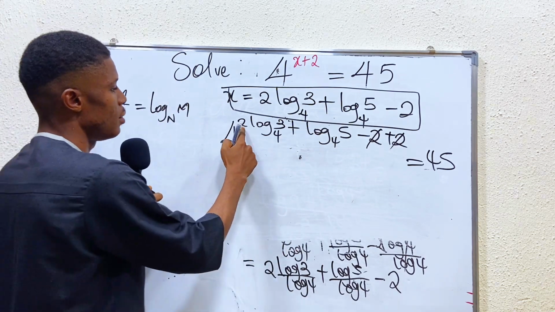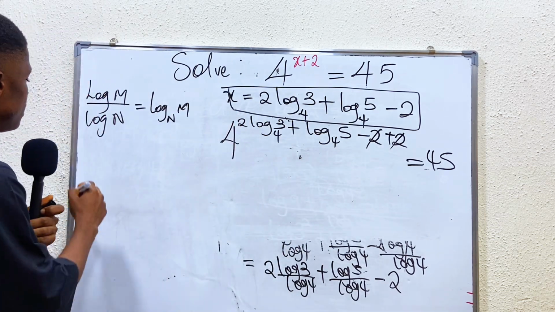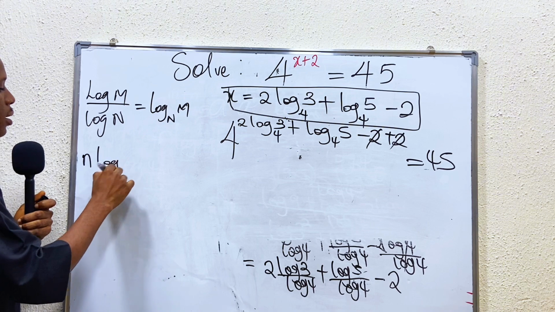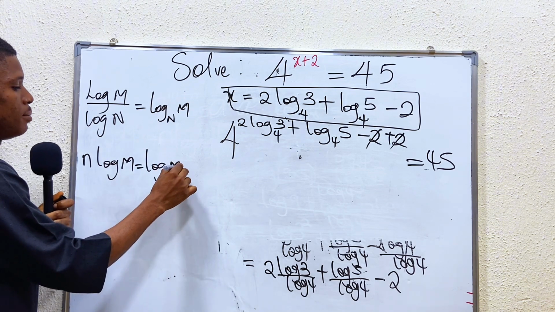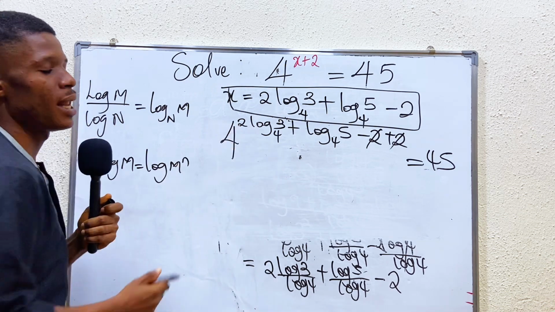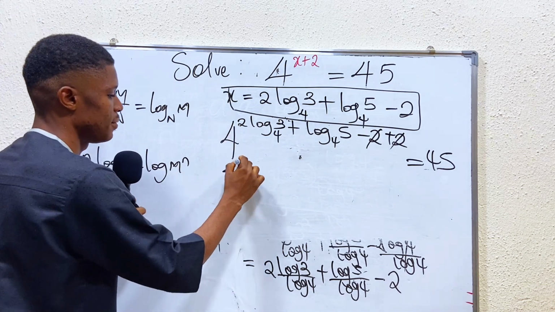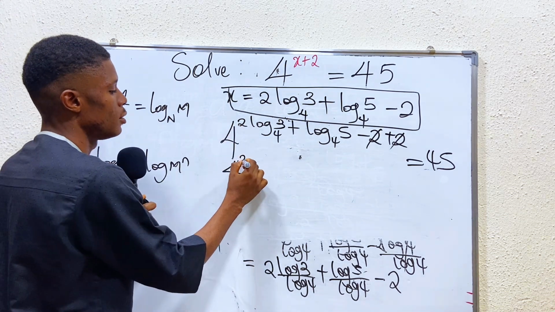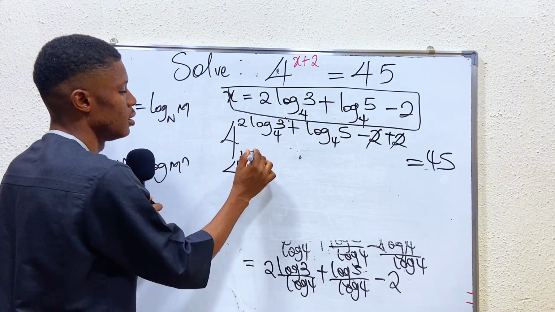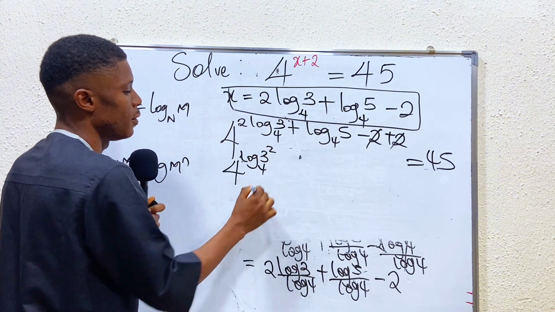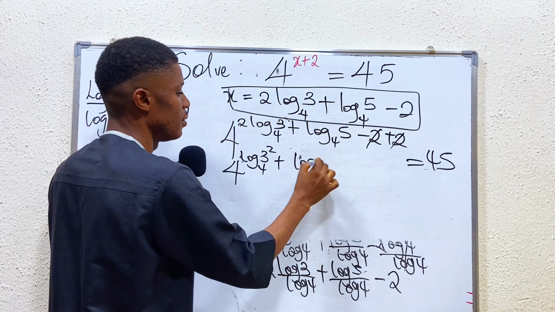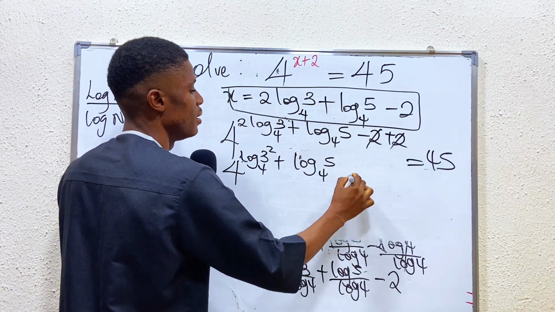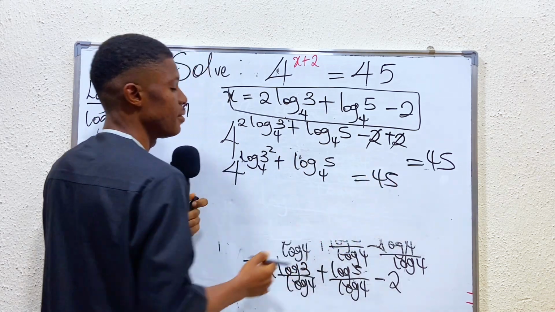From here, remember, since we agreed that n log m is the same thing as log m power n, we are going to apply it in the first term. So we have 4 to the power of log base 4 of 3 squared, plus log base 4 of 5. Is it actually 45?